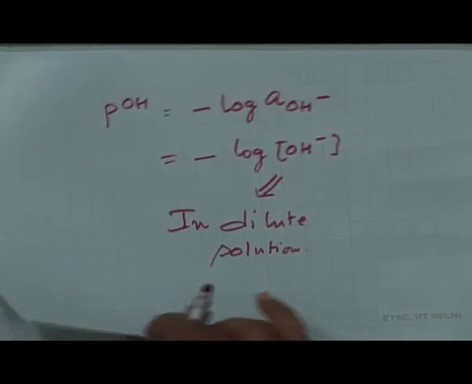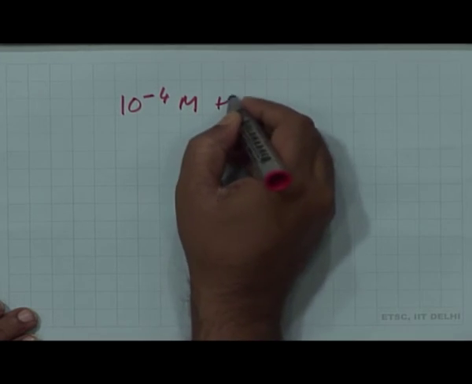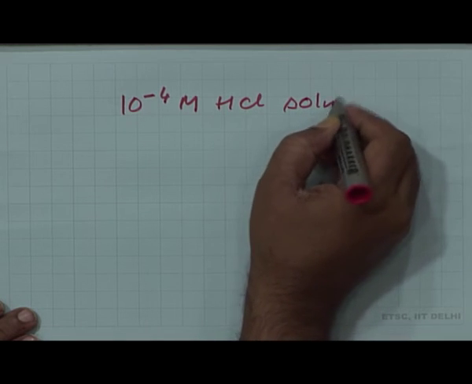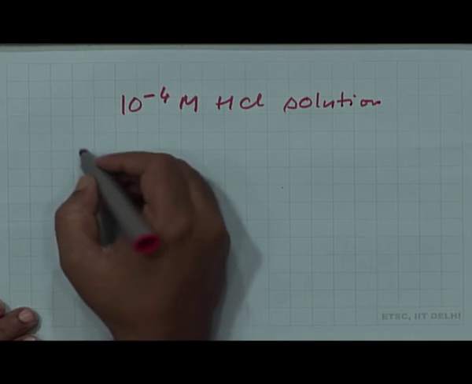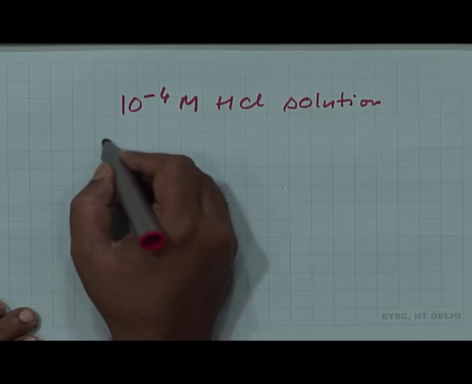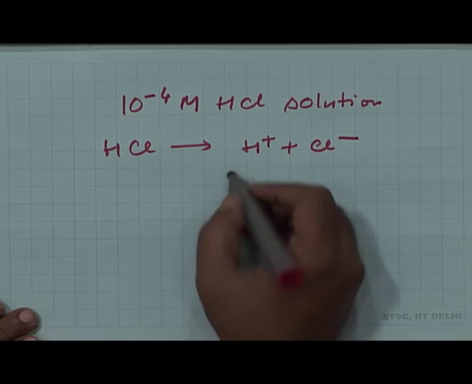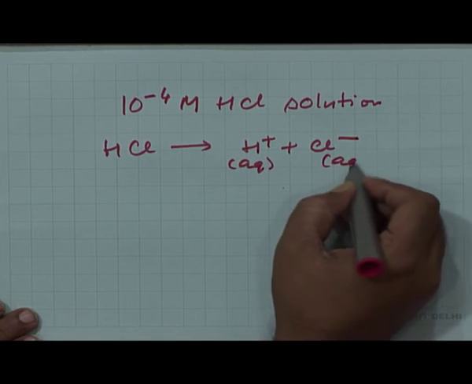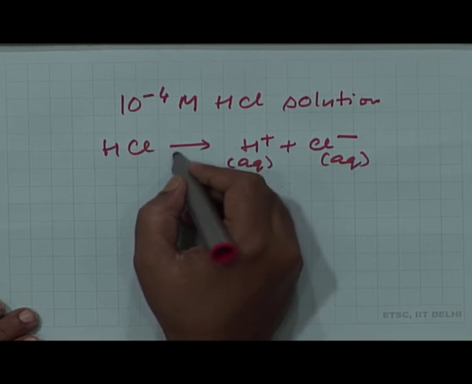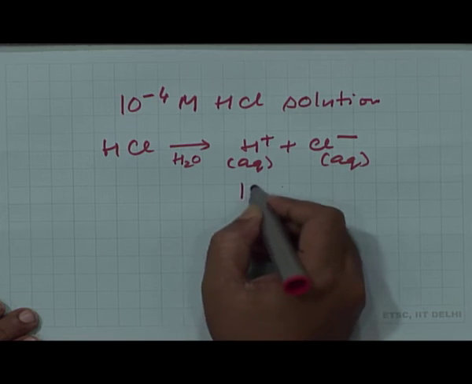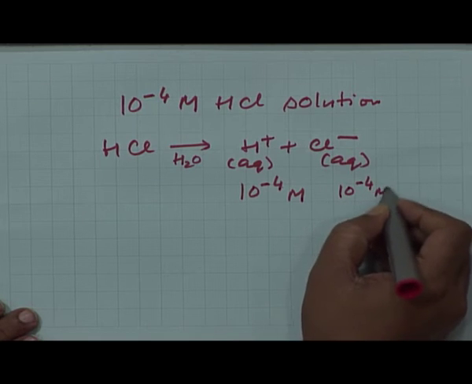So, for example, if I take 10 to the power minus 4 molar HCl solution, since HCl is completely dissociated in water, what you will get is 10 to the power minus 4 molar of H+ ion and 10 to the power minus 4 molar of Cl-.